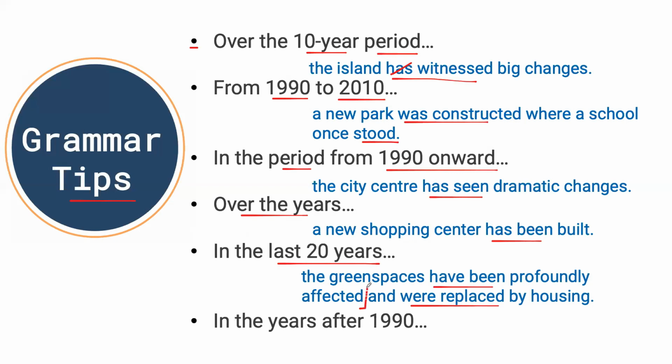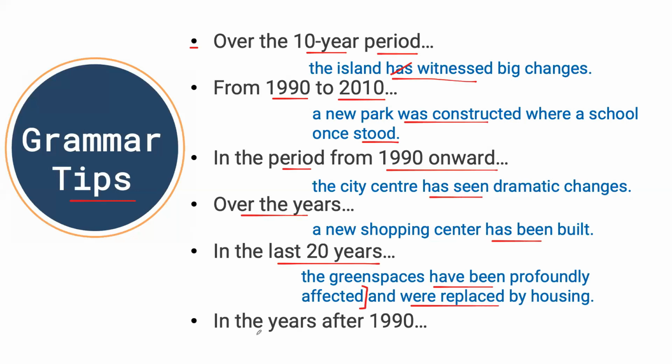So this is continuing up until today, because let's say we're talking about 2000, so we're in 2020, it is still 2020, and so the green spaces have been affected since it's continuing up to today. However, before they were replaced by housing, it's quite specific, it's before they were affected, they were replaced by housing, so we would use past simple for this last section here.